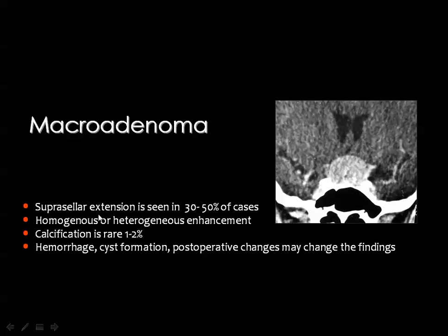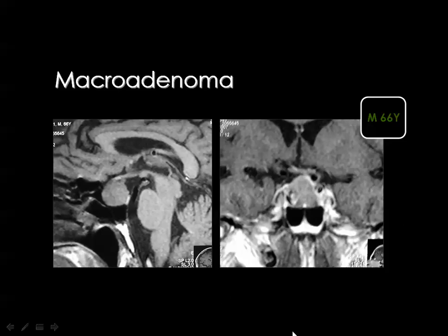This lesion is usually homogeneously enhanced, but if it is large, it may show heterogeneous enhancement and may contain cystic changes. It also may show calcium, but the calcium here is relatively rare, and hemorrhage inside the pituitary adenoma is a well-known phenomenon.